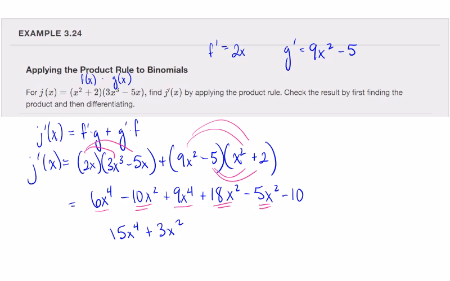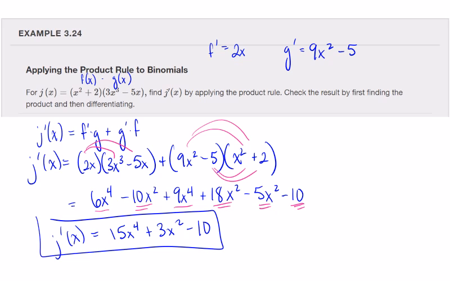And then finally we have this negative 10 that doesn't have any like terms, so it's just going to come down. And so this is what j prime of x is. All right, so that's how we use the product rule with polynomials, in this case binomials.